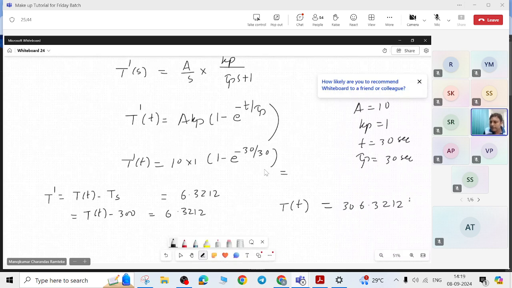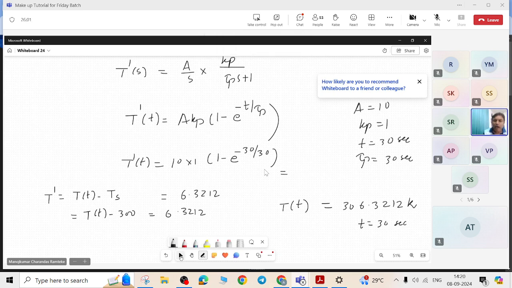Do you all agree? So this is the temperature I am going to get at t equals 30 seconds. Remember, we have to plot the response.